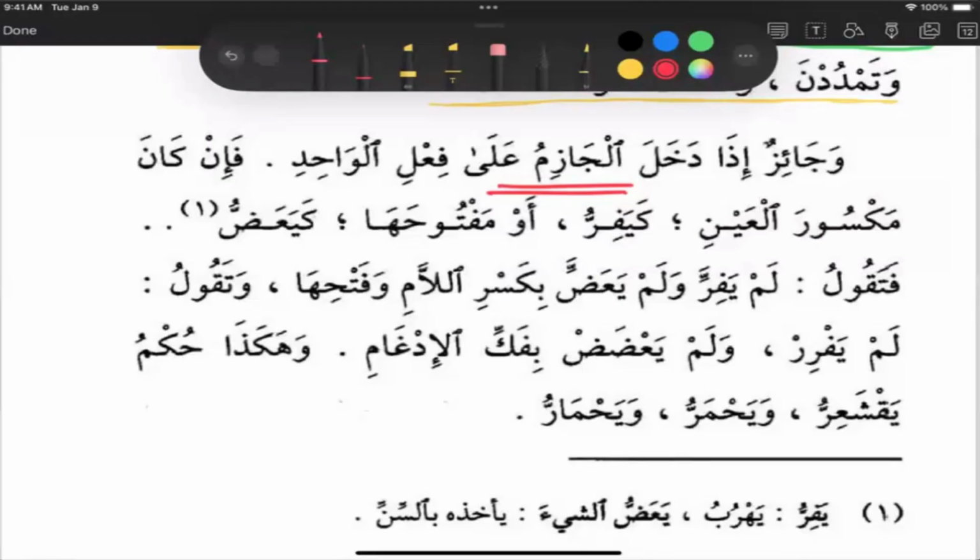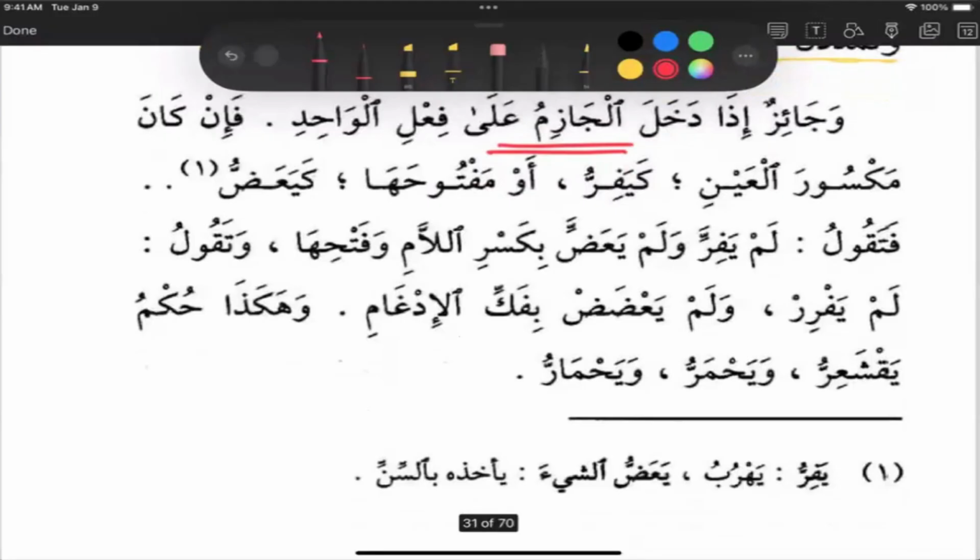Otherwise, if you know what that means, the jazim comes upon the fi'l. He's going to tell us: فإن كان مكسور العين كيفر أو مفتوحها كيعض فتقول لم يفر ولم يعض بكسر اللام وفتحها وتقول لم يفرر ولم يعضض بفك الإدغام. Okay, so he says, when the jazim comes, what's the jazim like?